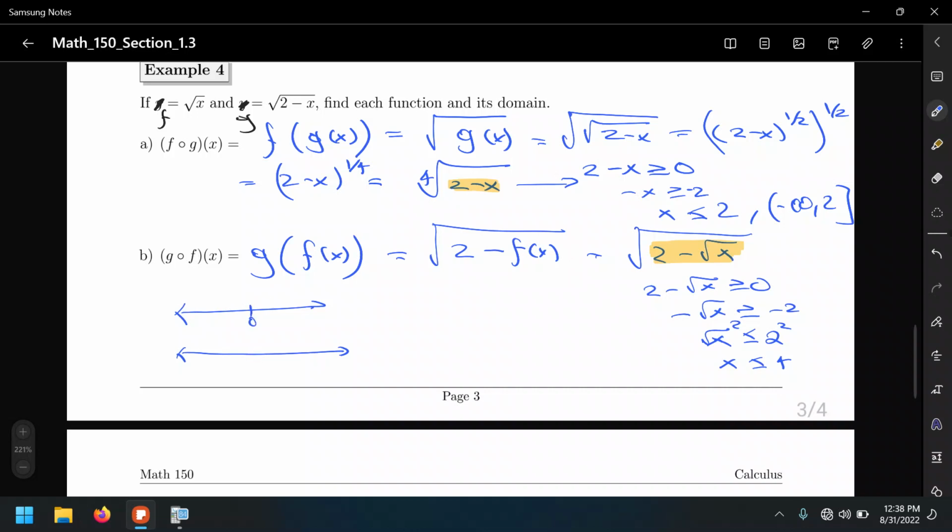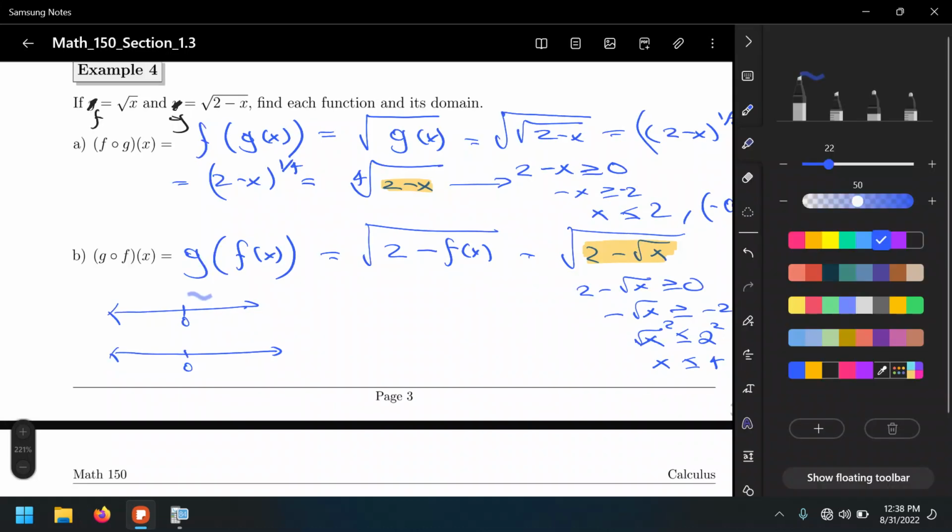So this is 0. Let me do blue. That's the domain of the square root of x. And then we have x to be all real numbers below 4.